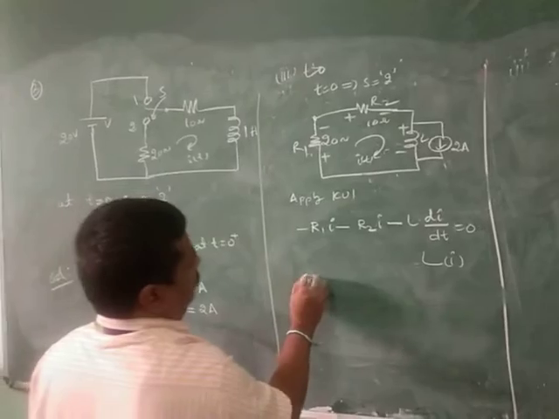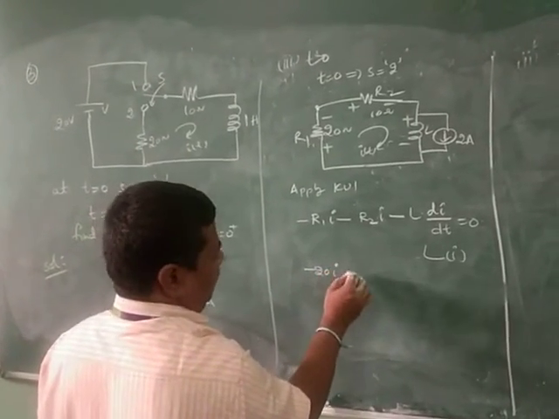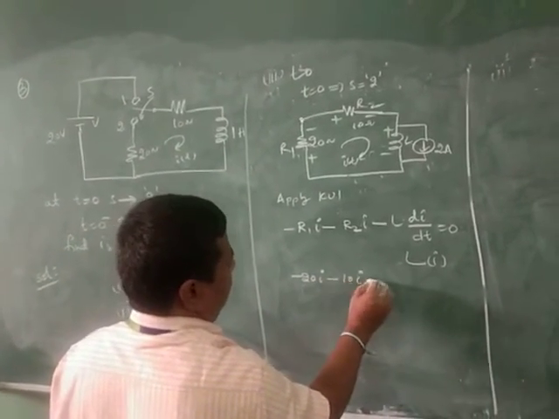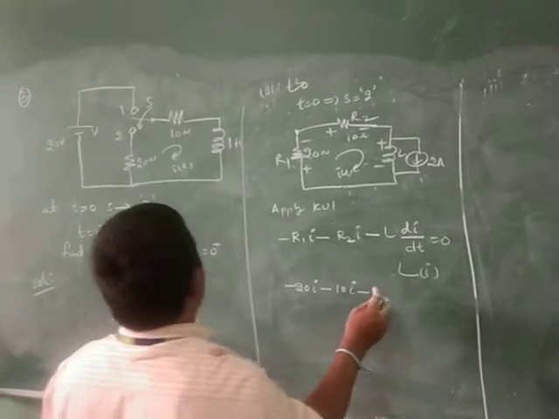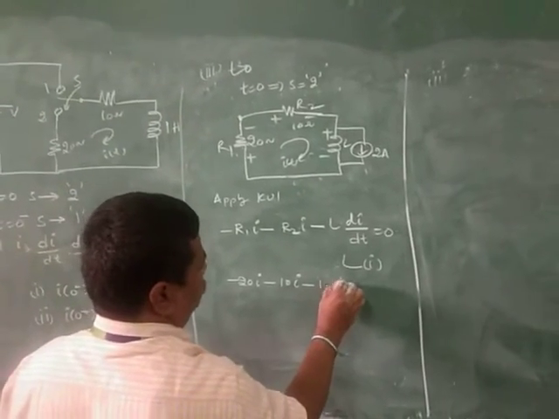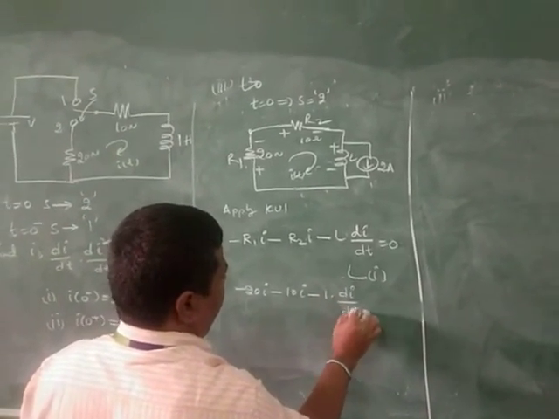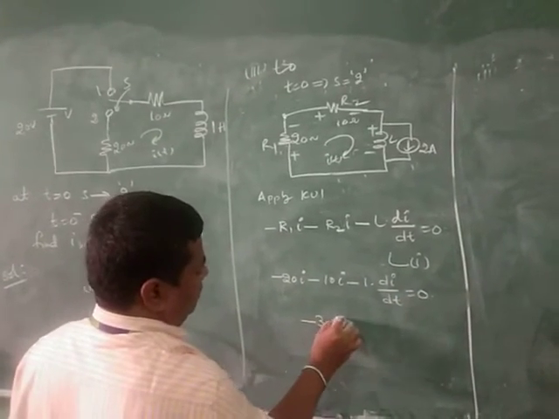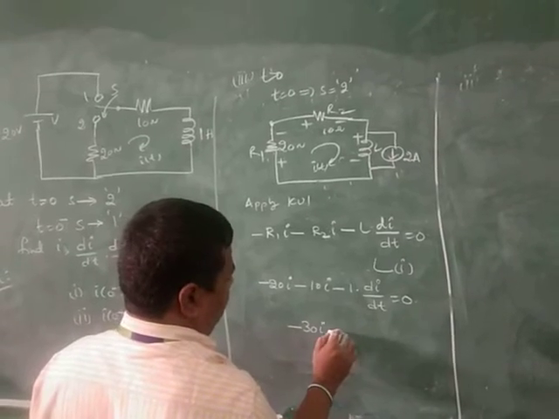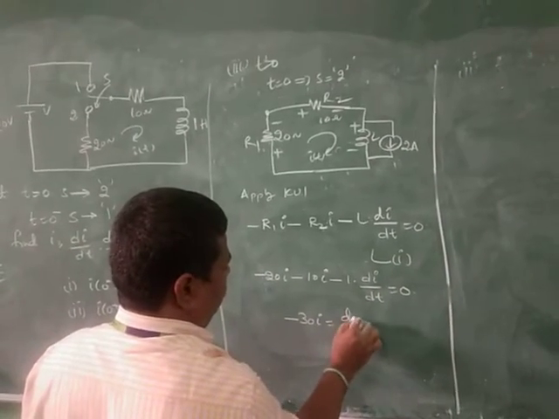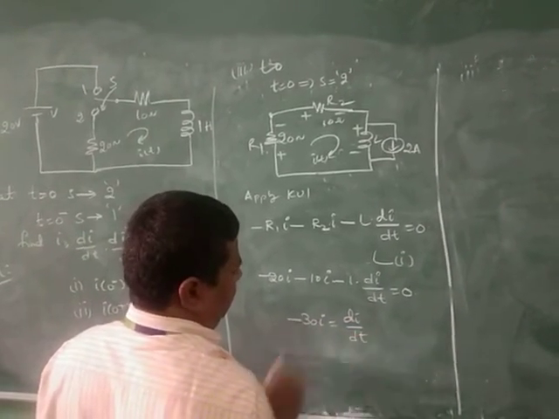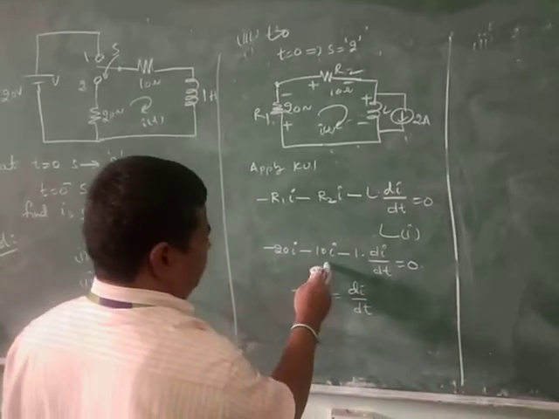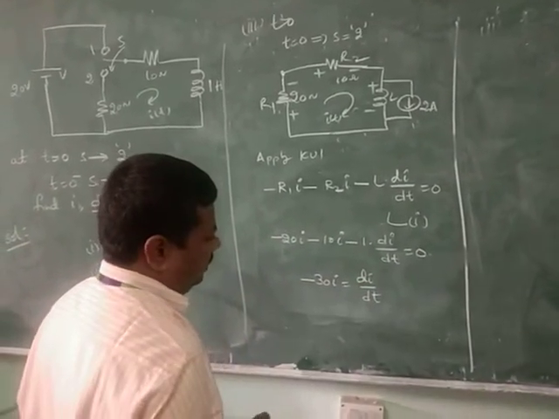So with R1 equal to 20: minus 20I minus 10I minus L, whose value is 1, into di by dt is equal to 0. That is minus 30I is equal to di by dt. Minus 30I is equal to di by dt.